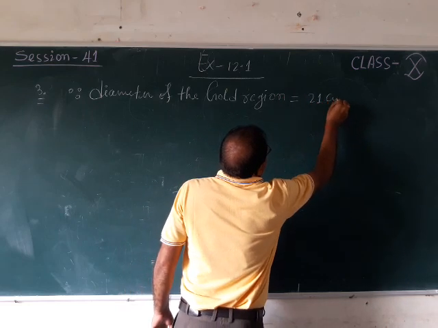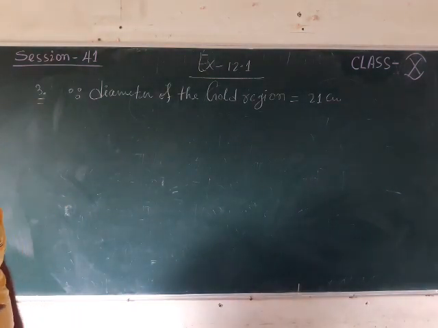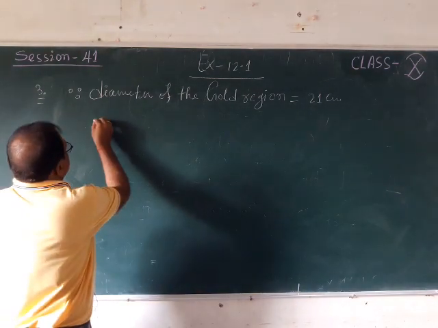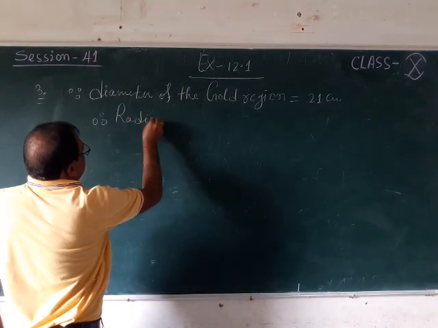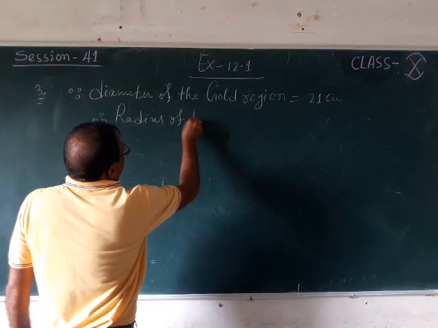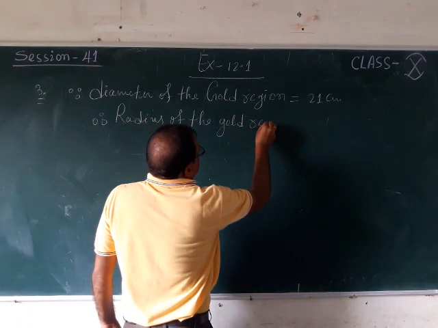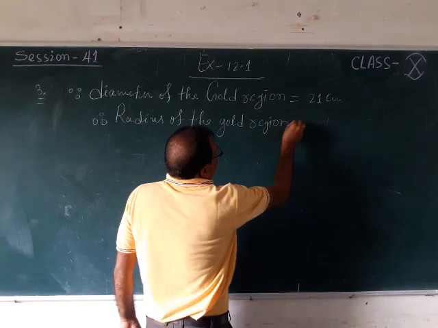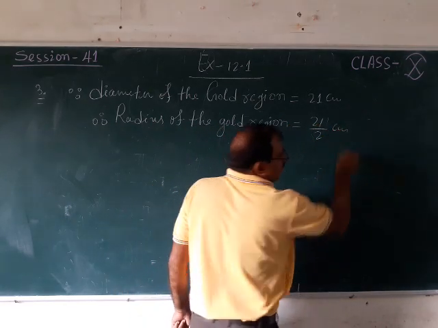21 centimeter. Therefore you can find the radius of the gold region: diameter upon 2, that is 21 upon 2 centimeter.